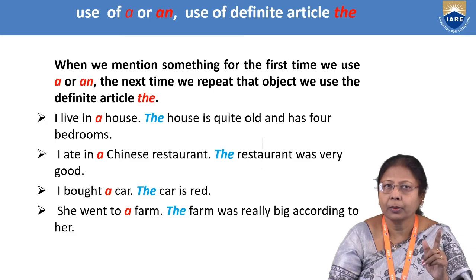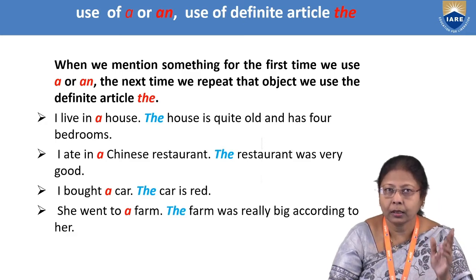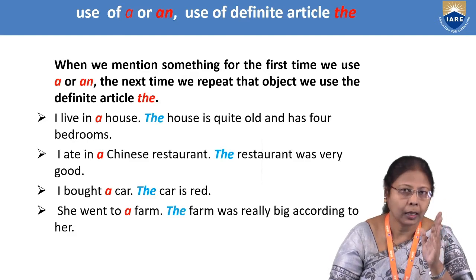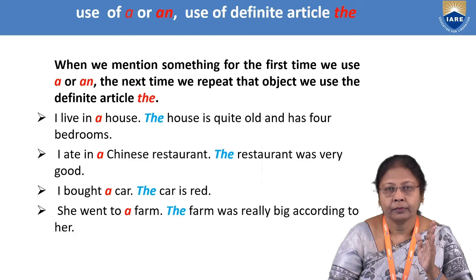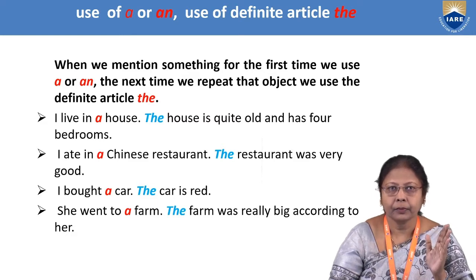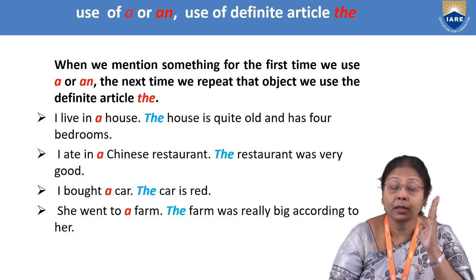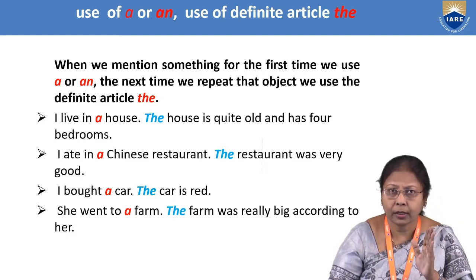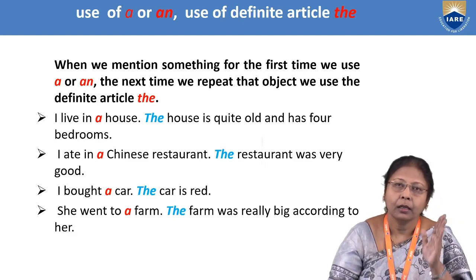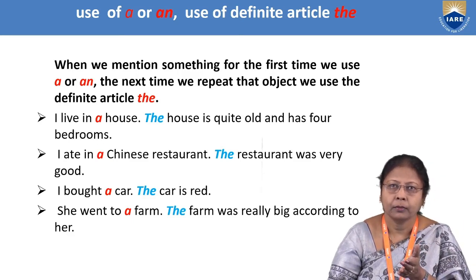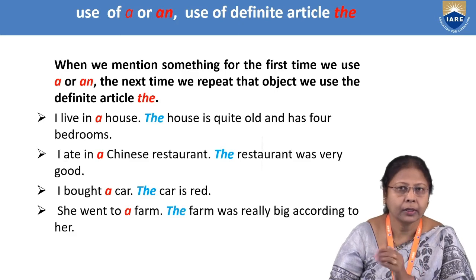So first time when you use anything, whether it's an animal, a person, a house, a restaurant, whatever it is, for the first time, if you are mentioning it, next time when you repeat the same object, then you have to go for the definite article the.